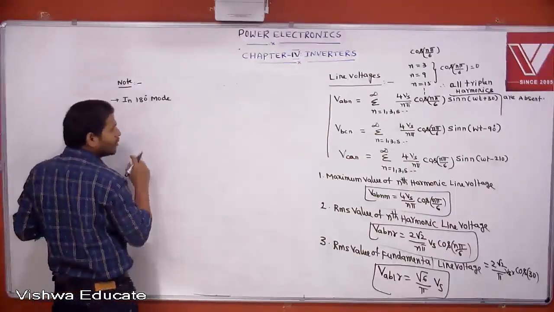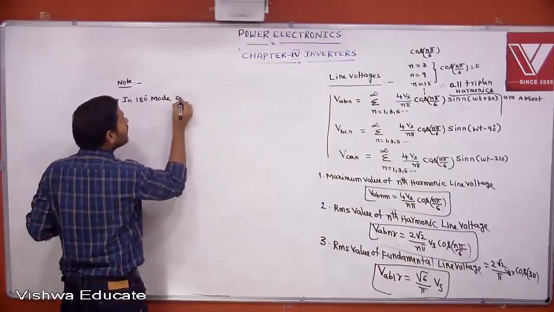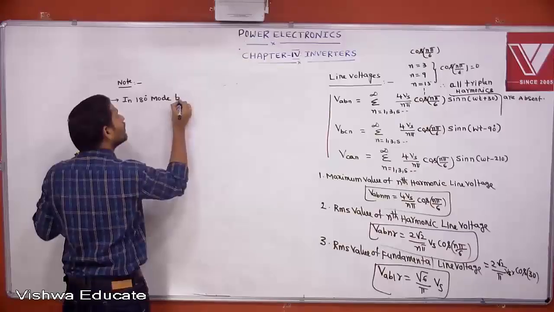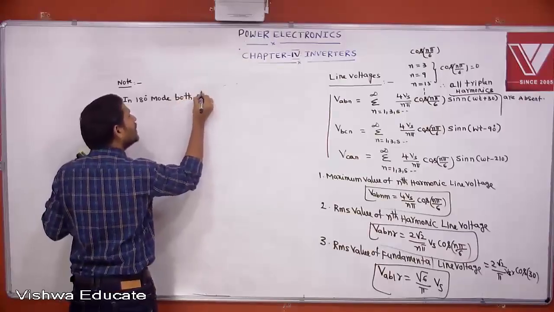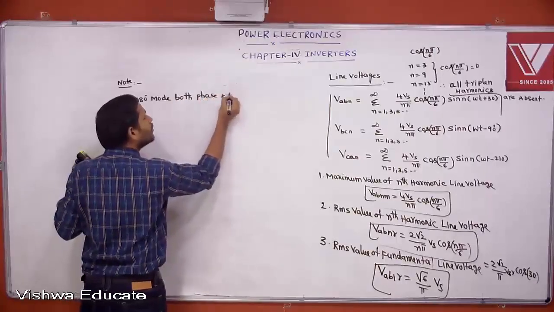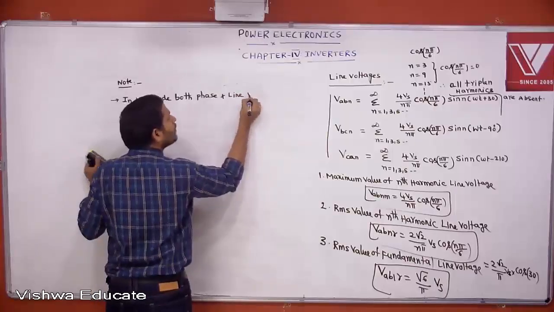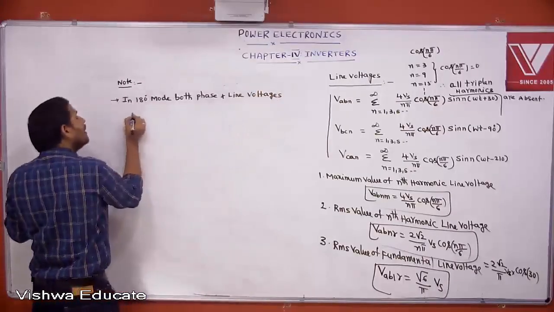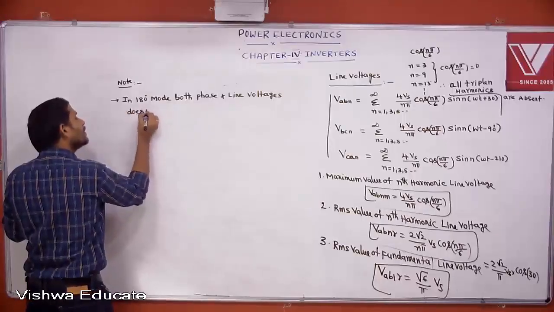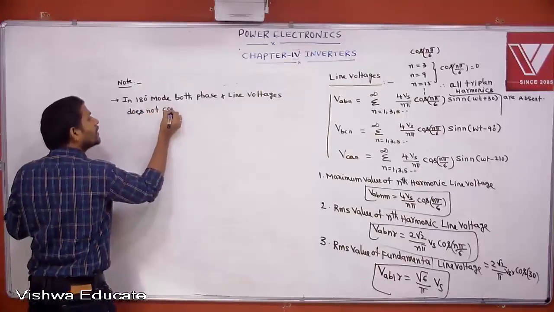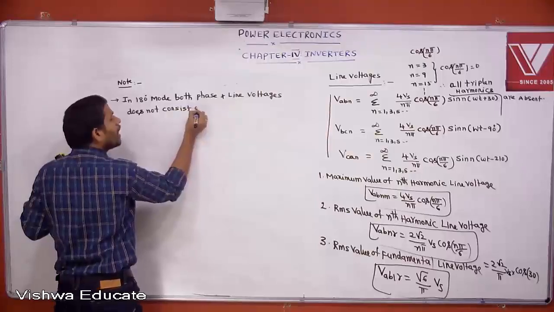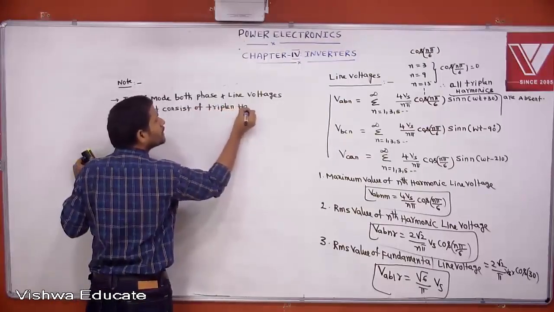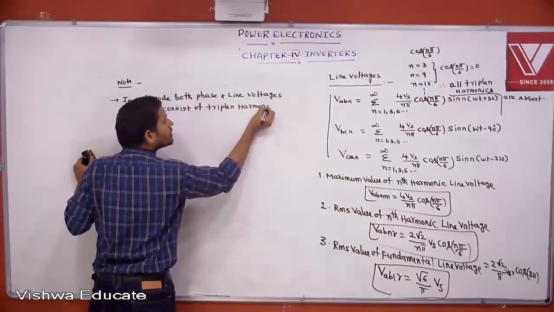In 180-degree mode, only in 180-degree mode, both phase and line voltages do not consist of triplen harmonics.